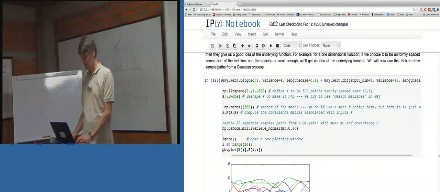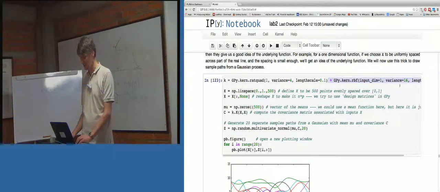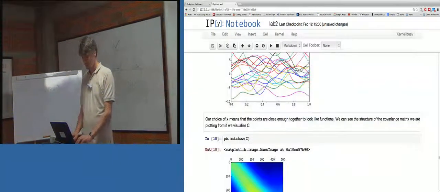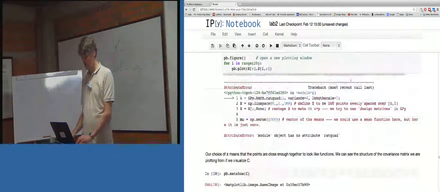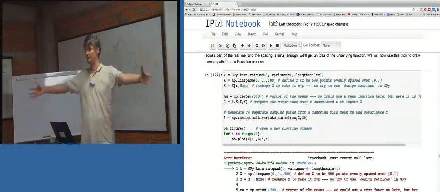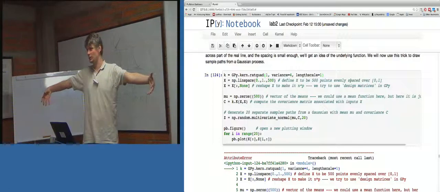It's an infinite mixture of these. See if we don't have of these exponentiated quadratics.